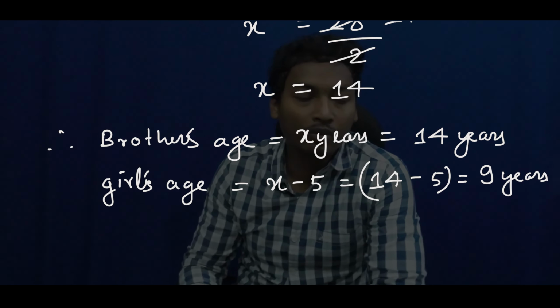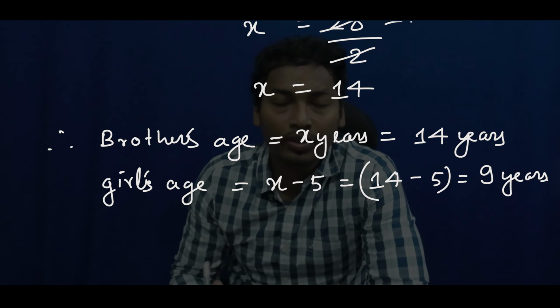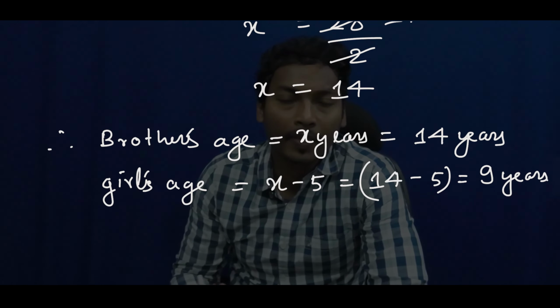So the brother's age will be 14 years and the girl's age will be 9 years.